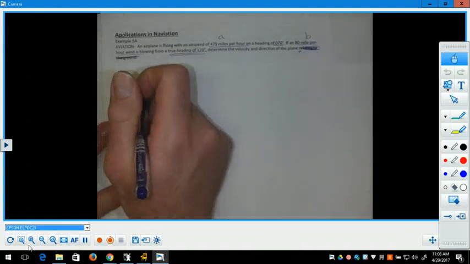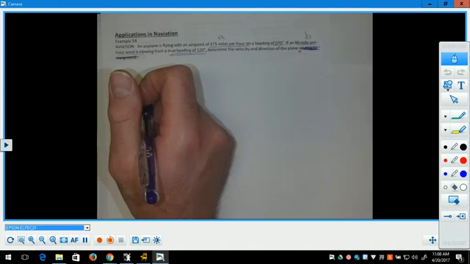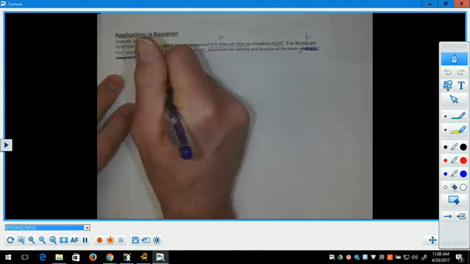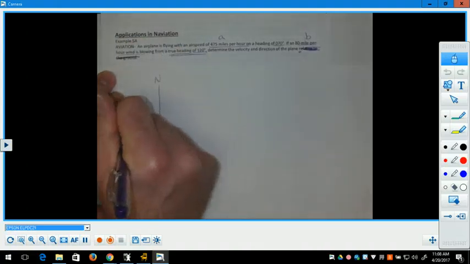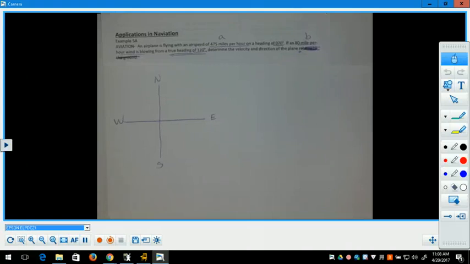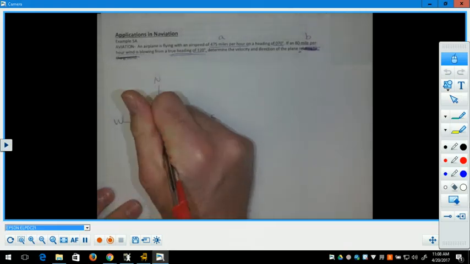All right. So when we set this up in third hour, we started with our compass, north, south, east, west, and we started by drawing our first vector here.